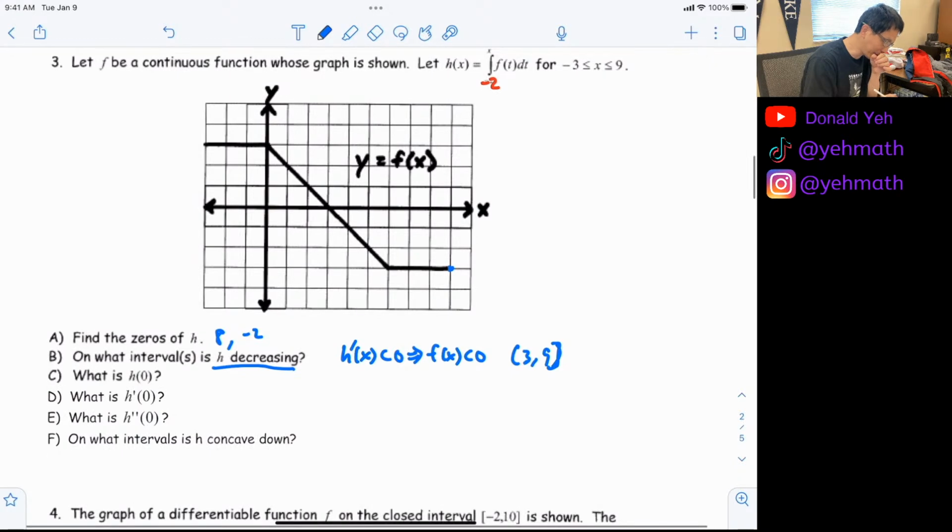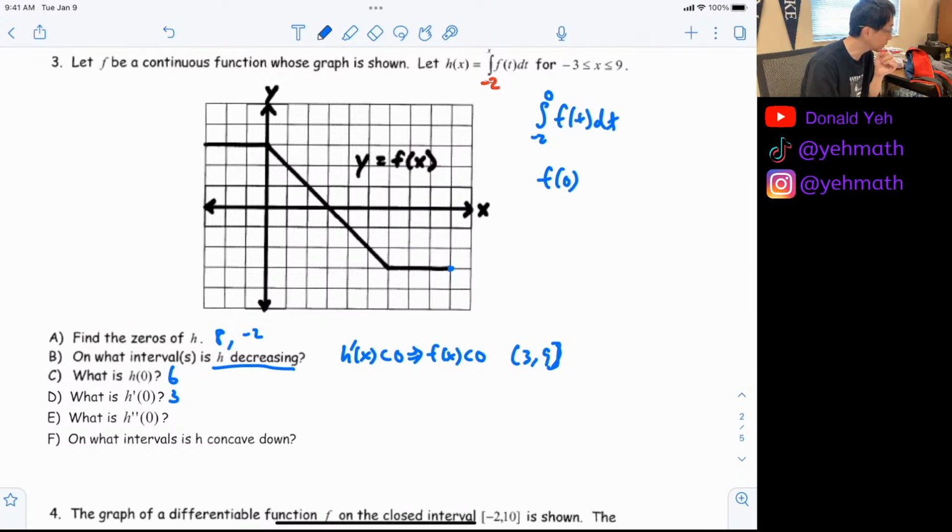Okay, h of 0. h of 0 is just going to be the integral from negative 2 to 0 of f(t), which is negative of 0 to negative 2. Wait, that's the correct boundary. Sorry, my bad. Negative 2 to 0 is fine. So it's 6. h prime of 0, which is f of 0, is going to be 3.